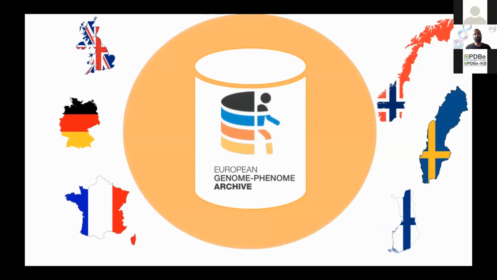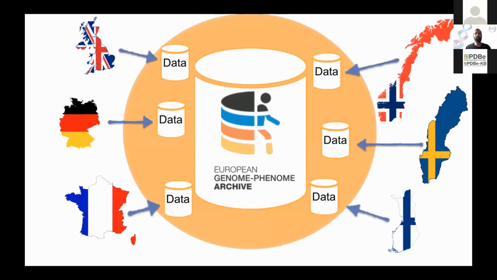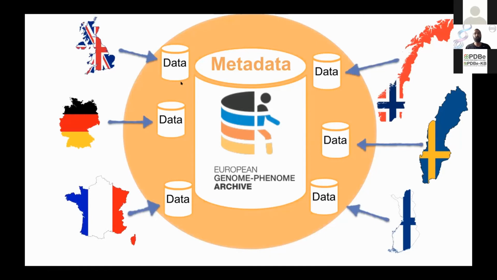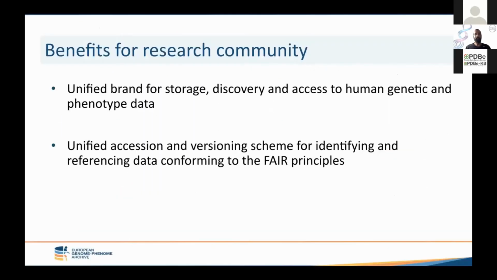Then comes the new idea of storing only the metadata in the central EGA and having local storage in each of the sites where the data is stored. So the data doesn't leave the country. We don't have a problem with the legislation, but the metadata will stay in the central website that everyone gets access to, which will be perfect.